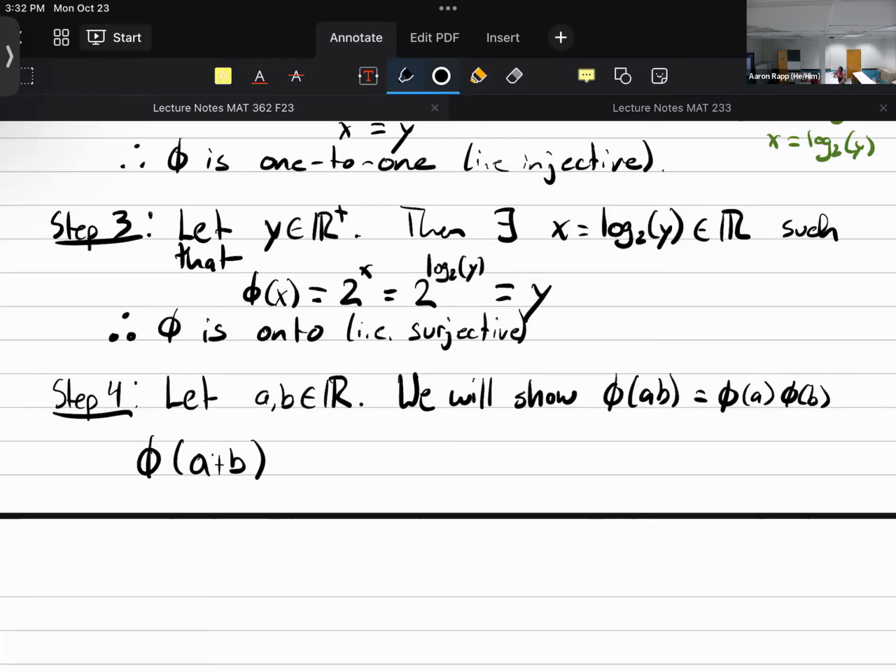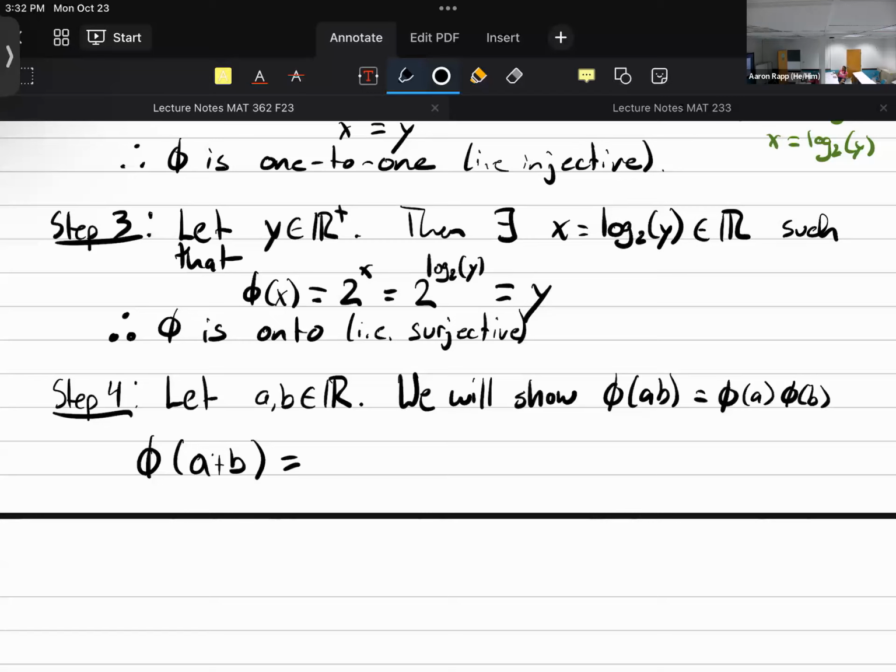Addition. So am I applying the first group's operation? Yeah, right? So I'm operating inside the first group, and then mapping it through this function. So what is the output going to be? Don't overthink it.